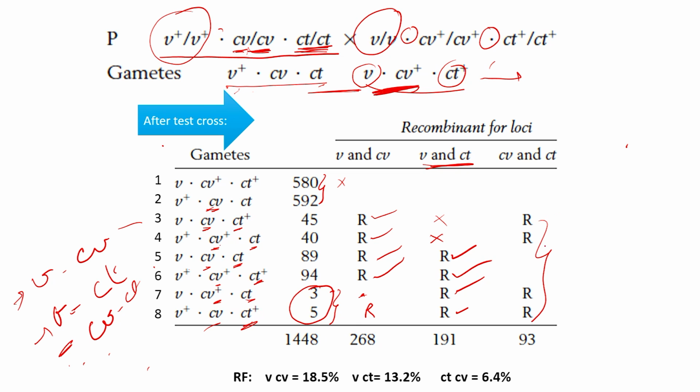So, once you identify the recombinant, what you need to do is just sum them up, divide them by the total number that you have, multiply them by 100, and then you have this recombination frequency for individual pair: V CV 18.5, V CT 13.2, CT CV 6.4%.